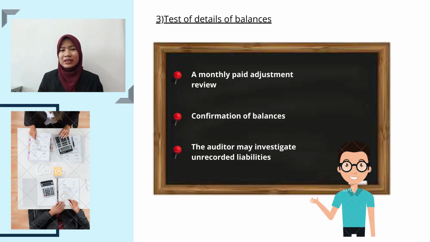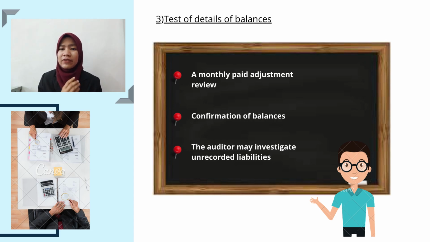Now let's move to the third type, which is the test of details of balances. The first is a monthly paid adjustment review. Here, the auditor might begin by examining the adjustments given by the clients and analyzing any unadjusted balances. Therefore, the auditor should be concerned about the absence of accounting records. Next is confirmation of balances. This is to get a complete and accurate list of suppliers while verifying that the amount, name, and address are correct, so that the confirmation is given to the suppliers or creditors.